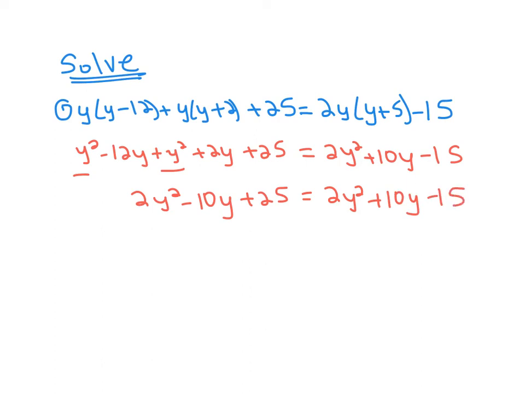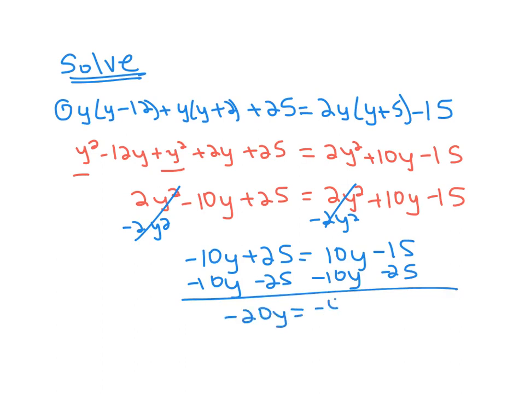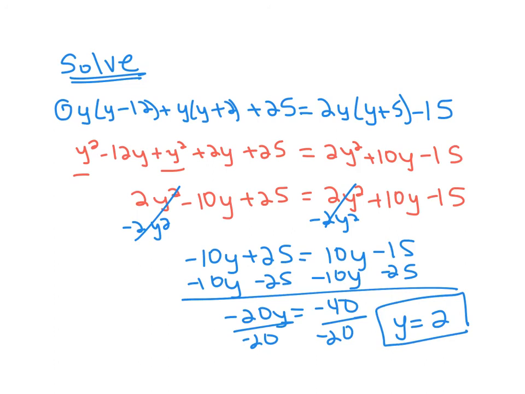When you subtract your 2y squareds, gone. Then you're basically back to just a normal equation. Subtract the 10y, subtract the 25. So I have negative 20y equals negative 40. y equals 2.